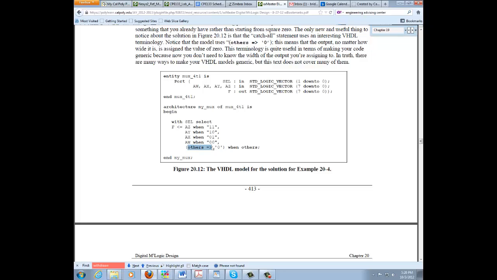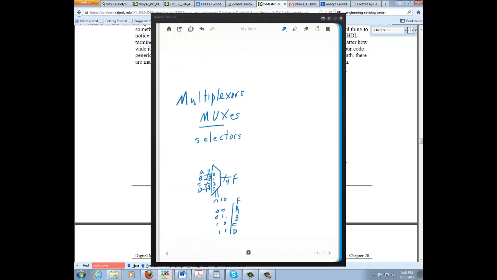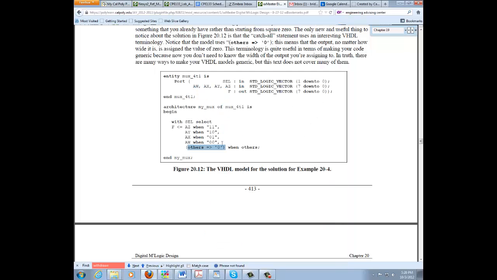The others => '0' is just another way of writing all 8 zeros. This construct says, figure out how big the bus is and fill it with zeros. Because the output is 8 bits, others gets 0 will automatically give you 8 zeros. So what this mux is doing is the same thing that I drew on the bamboo paper, except instead of 4-bit it has 8-bit inputs, and it selects one of the 4 to send to the output.